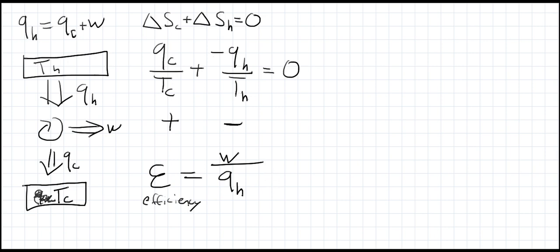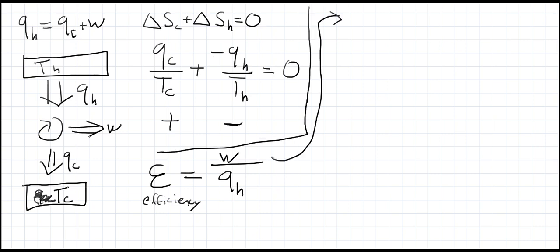Okay, let's go ahead and rearrange this equation. Coming back over here, we can see work is just the difference between the two heats. So work is just the heat we put in minus the waste heat.